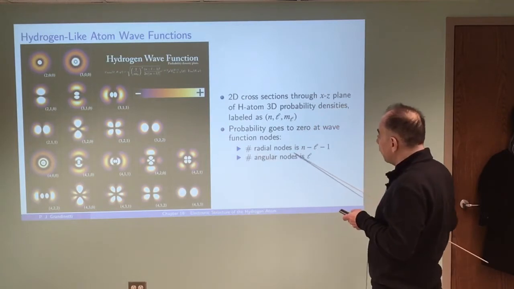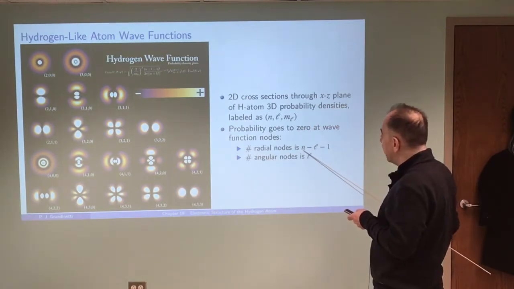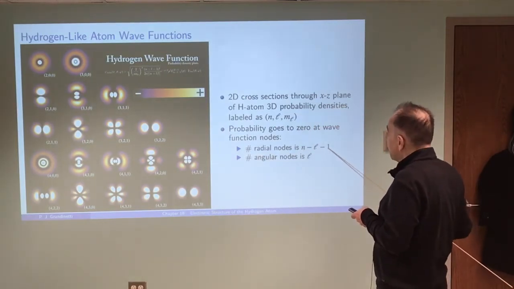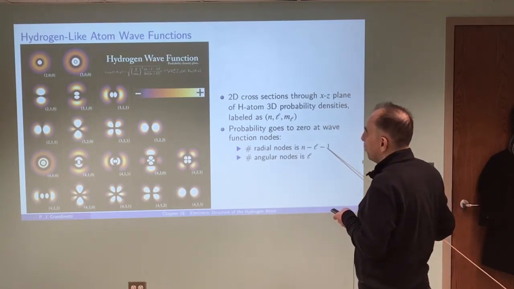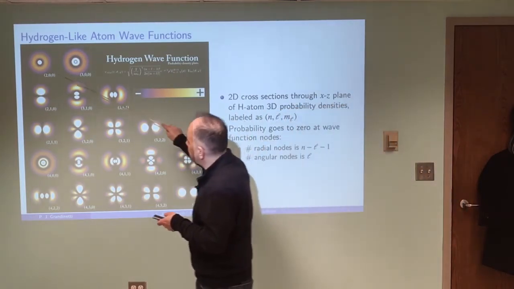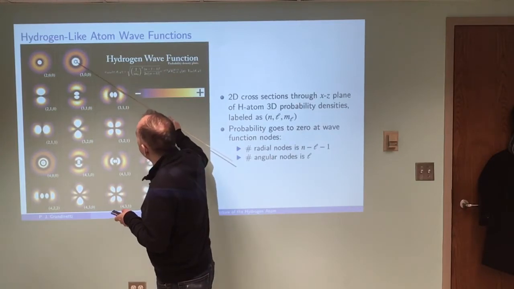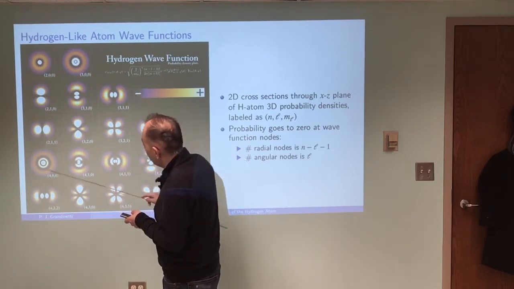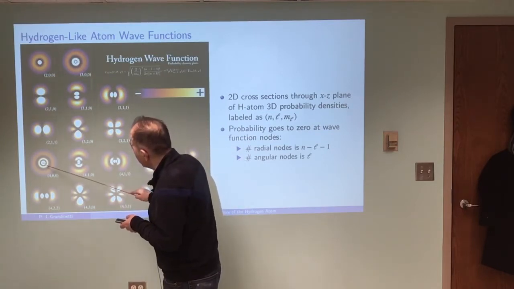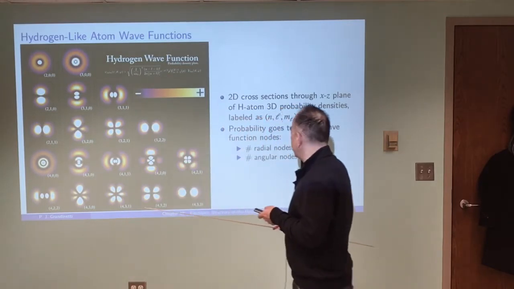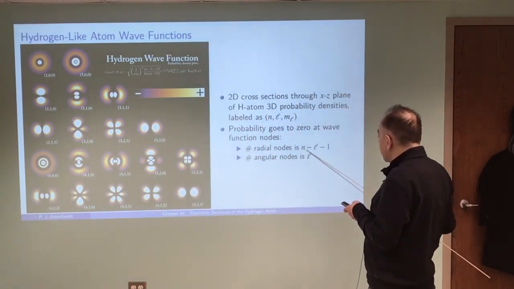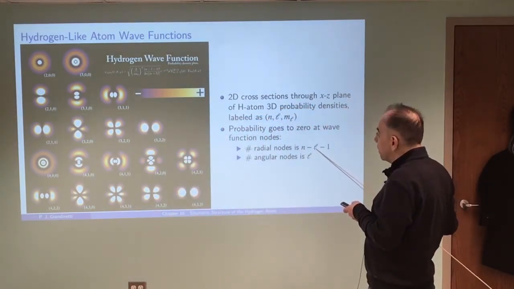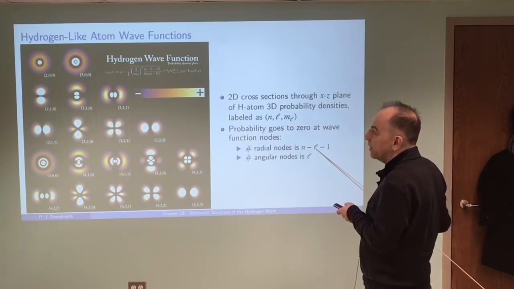Note that the number of radial nodes, as we said earlier, is n minus L minus 1. Here you see examples, that's a radial node. For n equals 3, for the 3s orbital, there's one radial node, another radial node. For the 4s orbital, we see 1, 2, 3 radial nodes. And you see that the radial nodes get reduced as L increases.